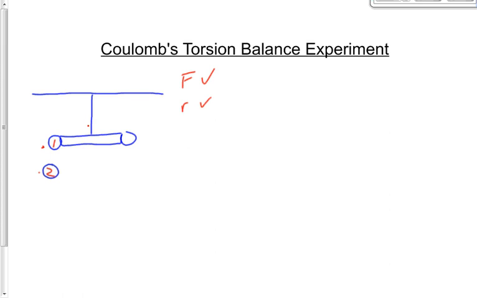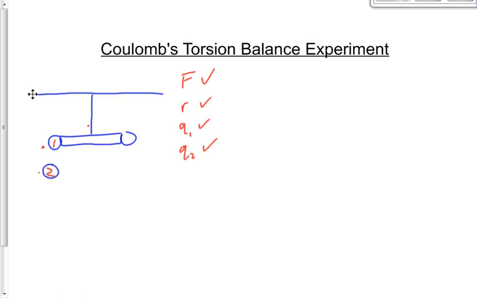He could also determine not the charge of object 1 and object 2, but rather the relative charge. So in other words, if it started off as Q, maybe it's a half Q next time. Maybe it's a quarter Q next time. Maybe it's an eighth Q or a 16th Q next time. He could determine the relative charge, which is good enough for determining a relationship.